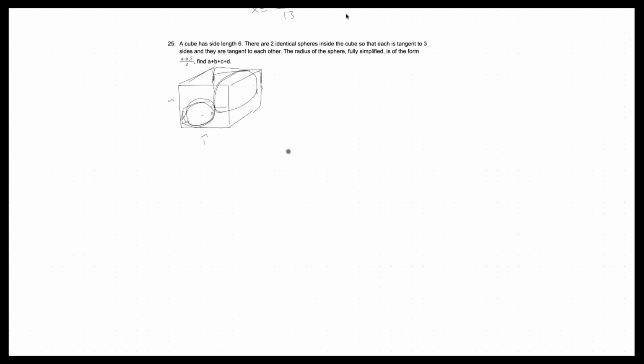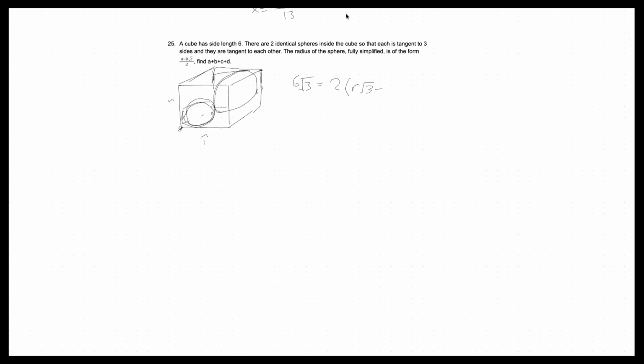So you can consider the space diagonal of the cube, which is from this vertex to this vertex. That length would be 6 root 3, right? So if you let the radius of each sphere be r, then you can write 6 root 3 as 2 times r root 3 plus r.